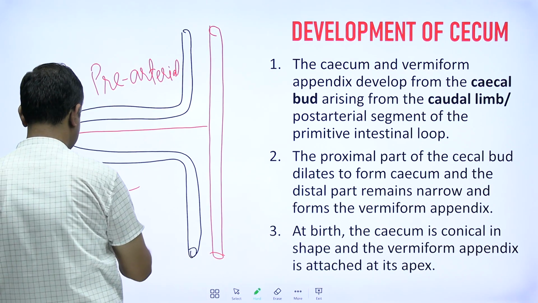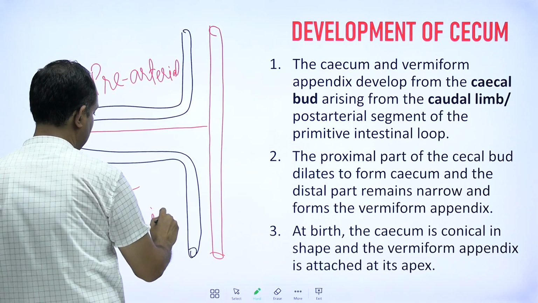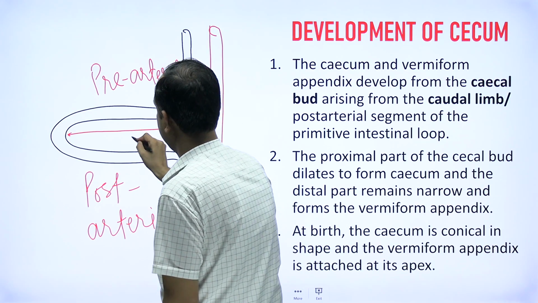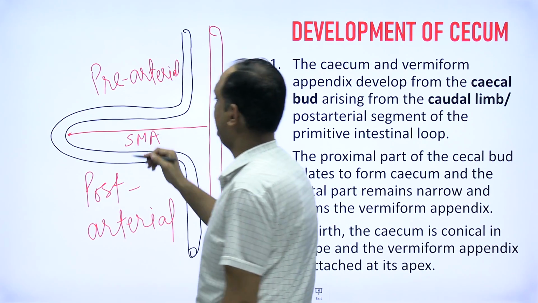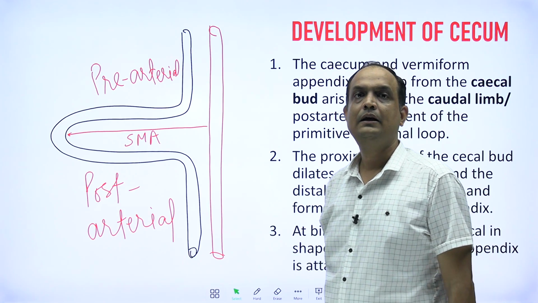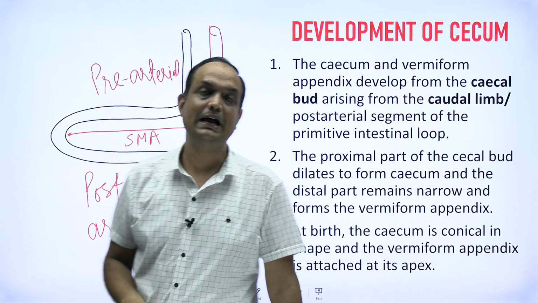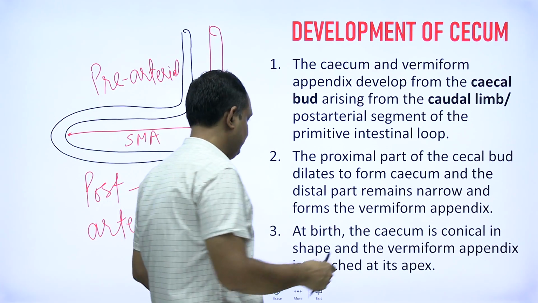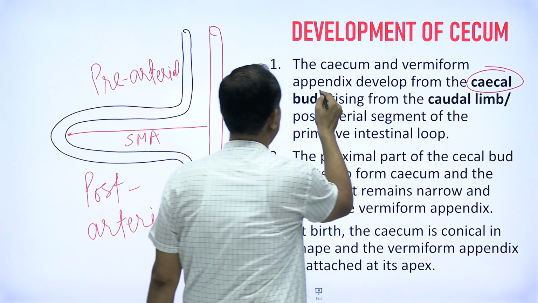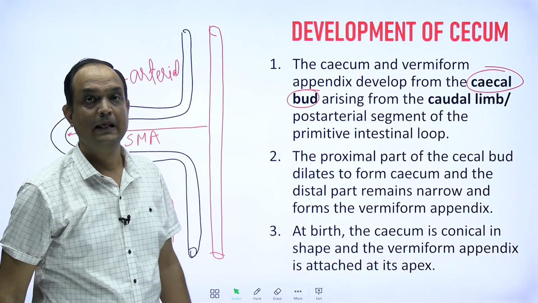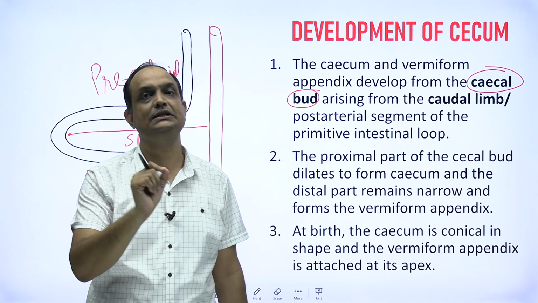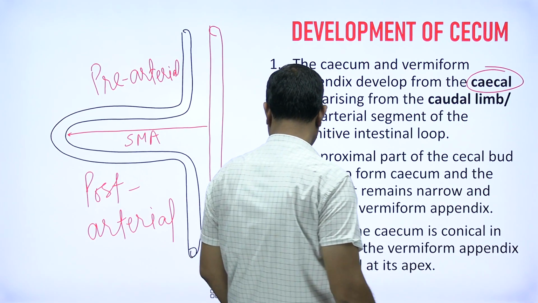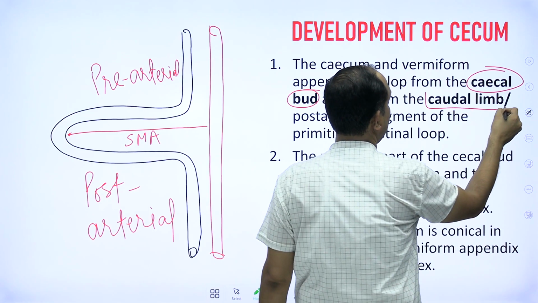The artery in the center is going to form your superior mesenteric artery, and you have two parts of the loop. As development takes place, the cecum and appendix develop from the cecal bud, a small projection. The cecal bud always arises from the post-arterial limb, or the distal or caudal limb of the midgut loop.